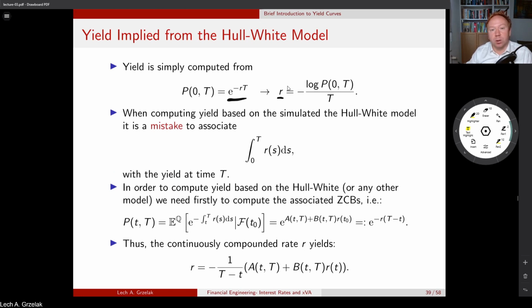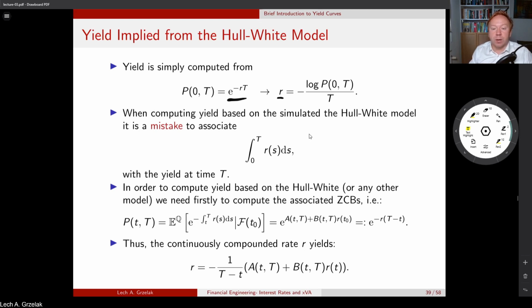Typically r follows a convention. If somebody says we have a 5-year 5% yield, then you know how this is related to the zero coupon bond and to spine points on the yield curve. That's the convention.